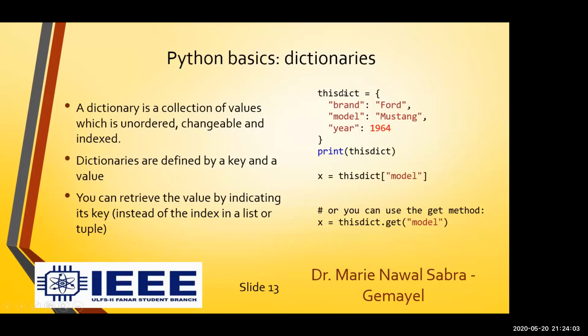Whenever I want to call the model of the car, for example, I don't have to know at which index it was saved. It has a name for the index. So instead of having indexes that are numbers that are meaningless to the user, I have these keys, and I am going to use them by the word, and this is the practical part.